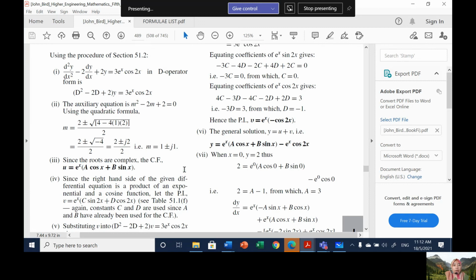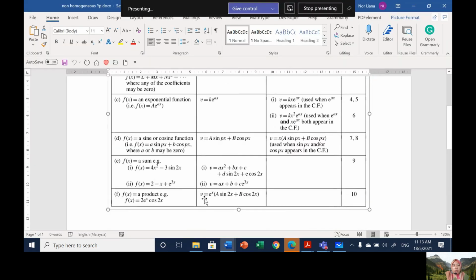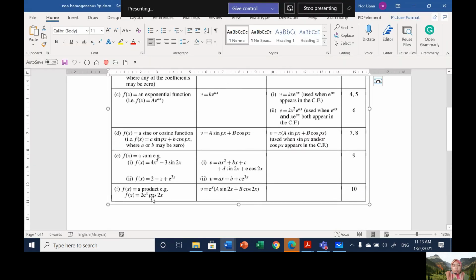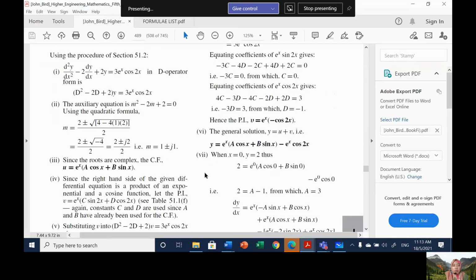And then for YP, look at that. We have a product. There's no addition or subtraction, because e^x times cos 2x. So when we refer to the guideline, when we have a product, your function will be like this one, exponential and then the trigonometric.